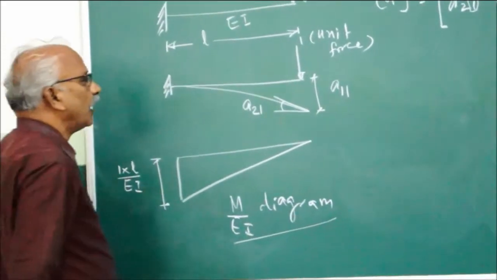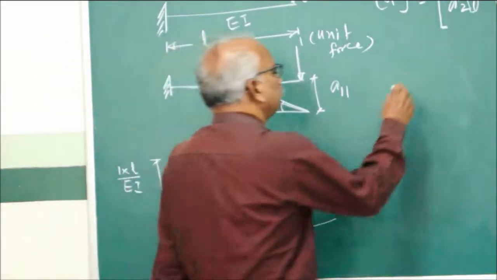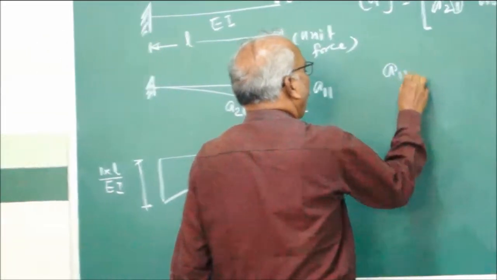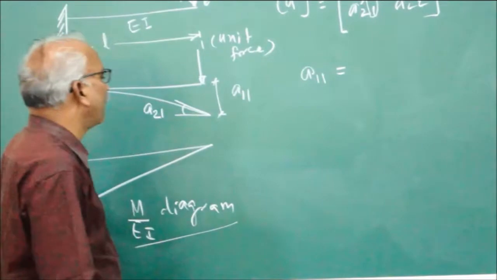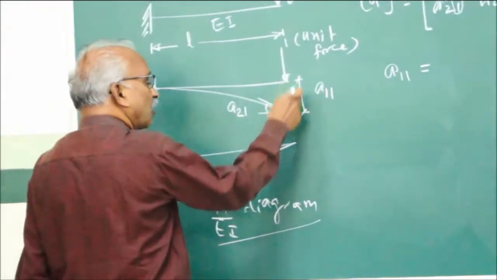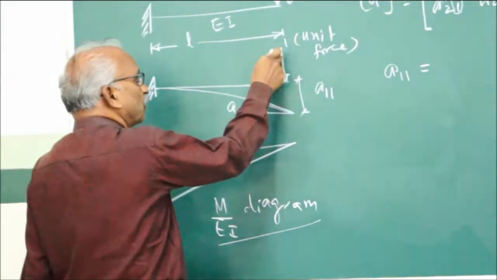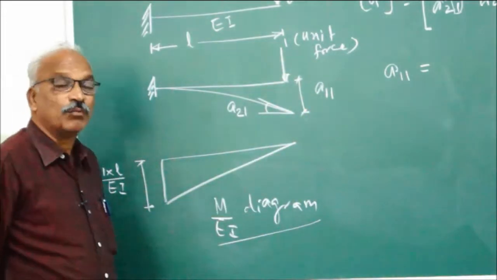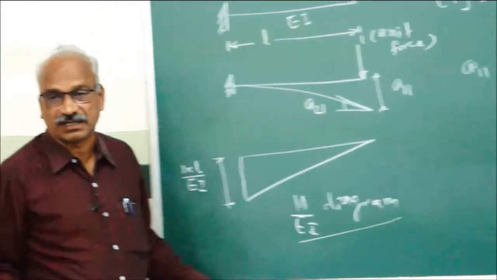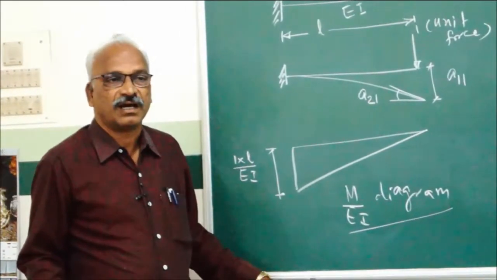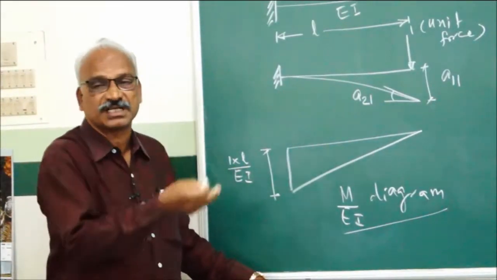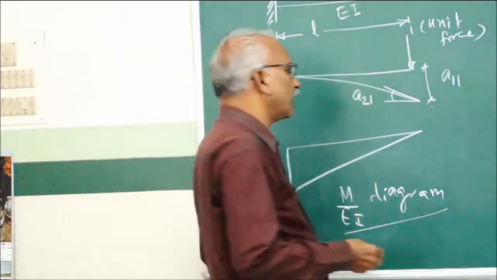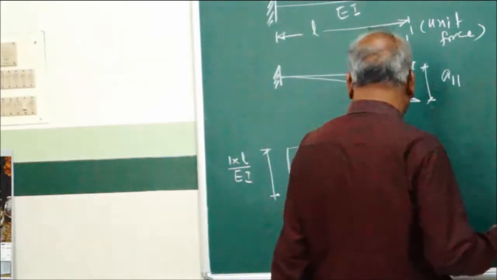Now, A11 is a displacement along coordinate 1 due to unit force at 1. For getting the displacement, you have to get the moment of area of the M by EI diagram. Moment of area of the M by EI diagram will give you the deflection, the difference from the point under consideration.